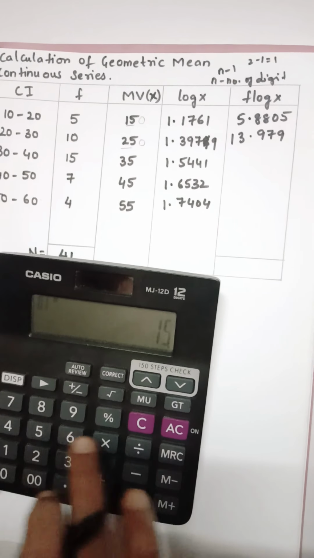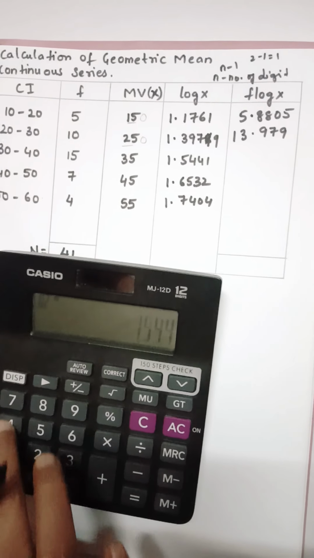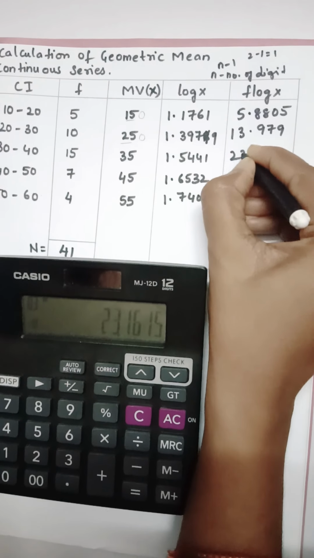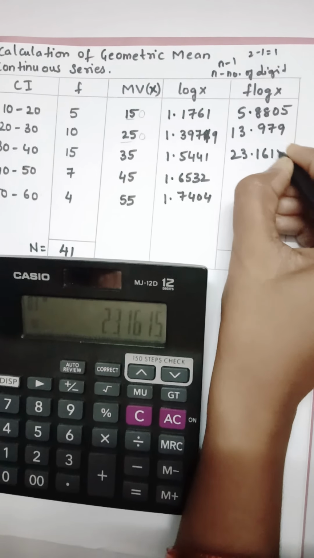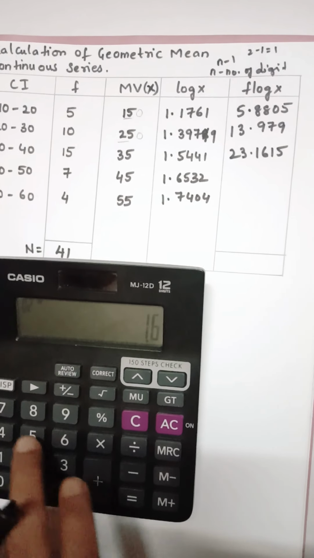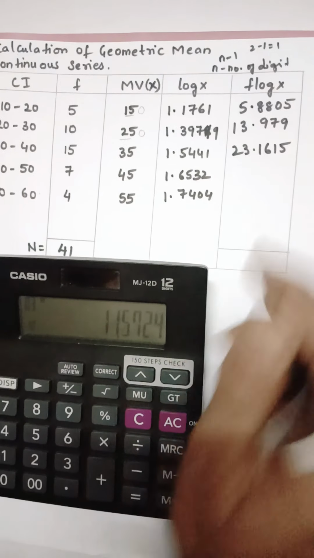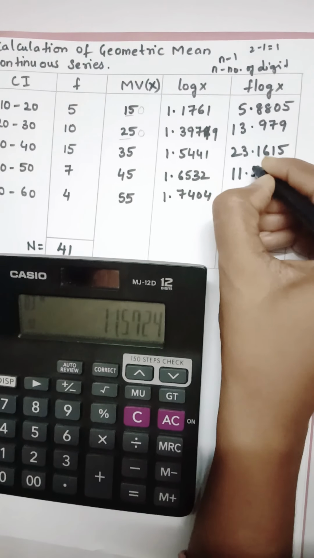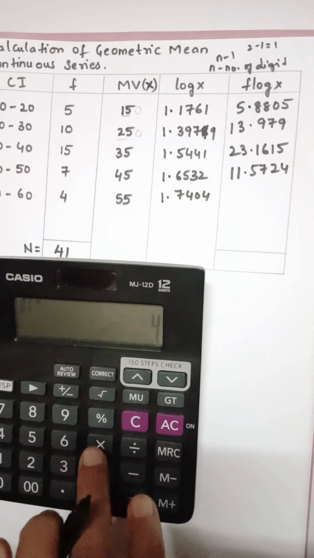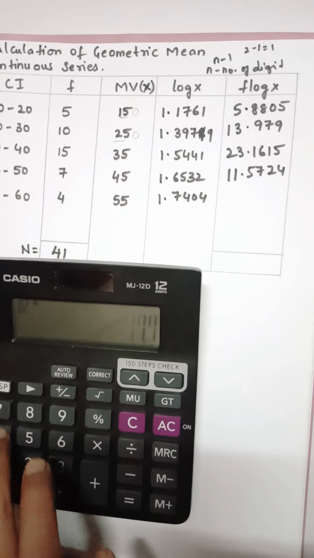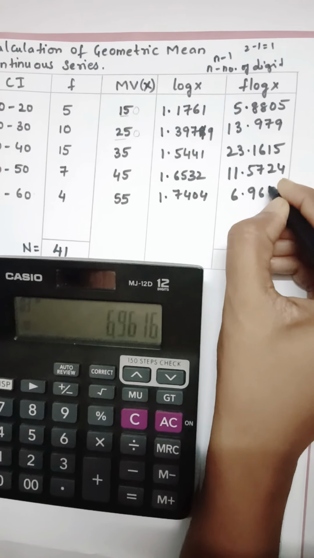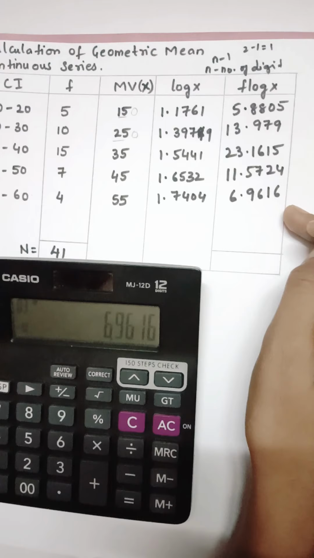Next, 15 into 1.5441 is 23.1615. Next, 7 into 1.6532 is 11.5724. Next, 4 into 1.7404 is 6.9616. So we got the f log x values.